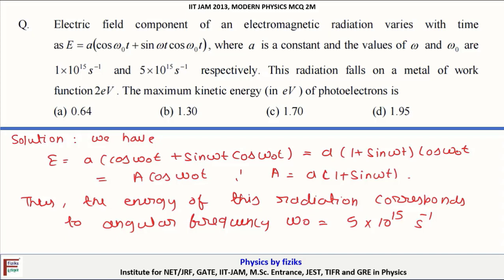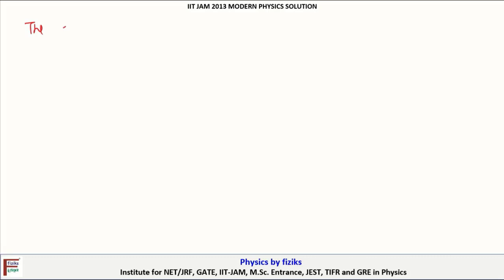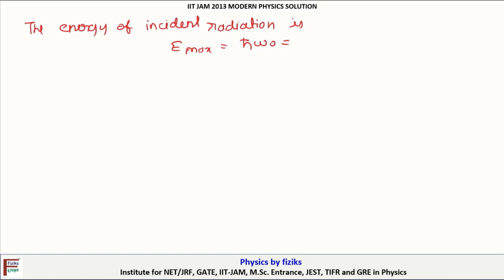Now the energy of the incident radiation is E maximum equals h cross omega naught, which can be written as 1.05 into 10 to the power minus 34 into 5 into 10 to the power 15 divided by 1.6 into 10 to the power minus 19, turning out to be 3.30 electron volt.